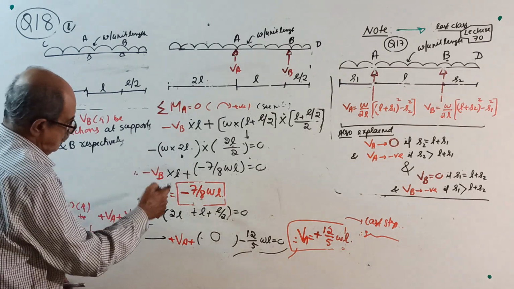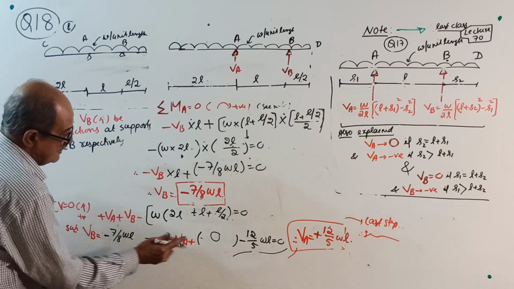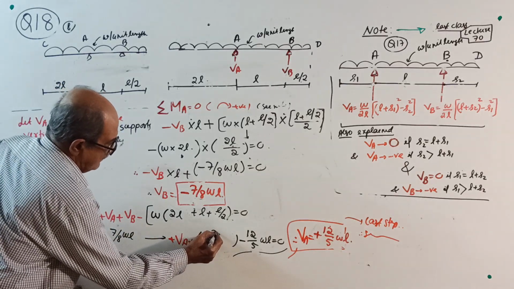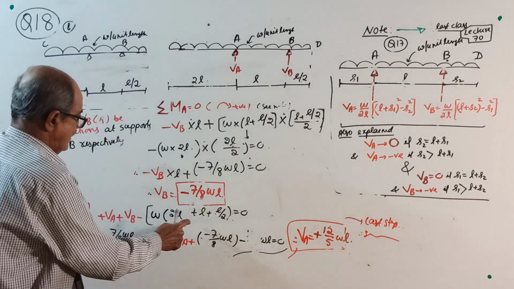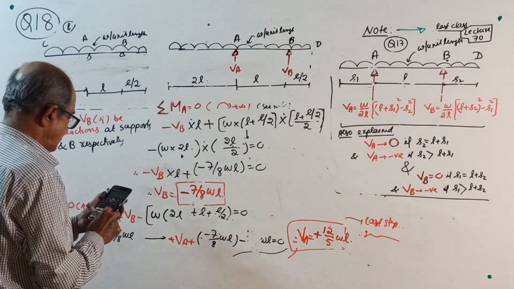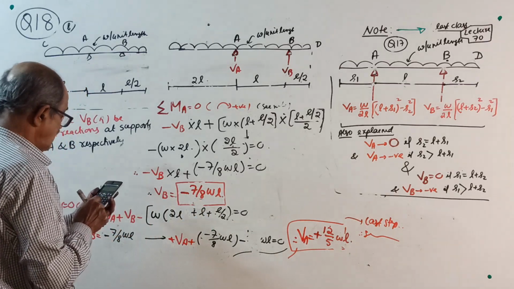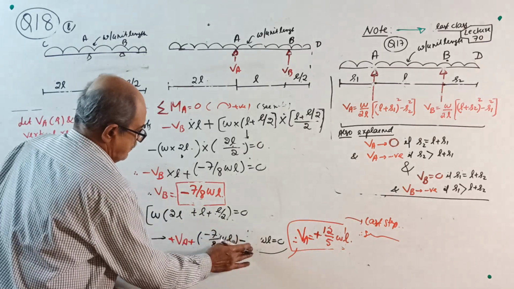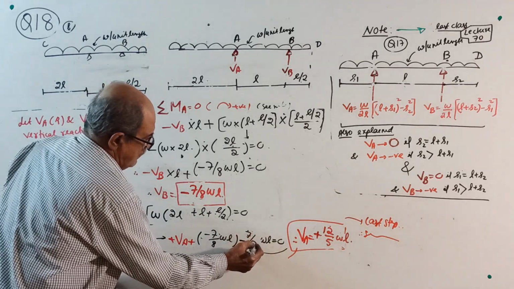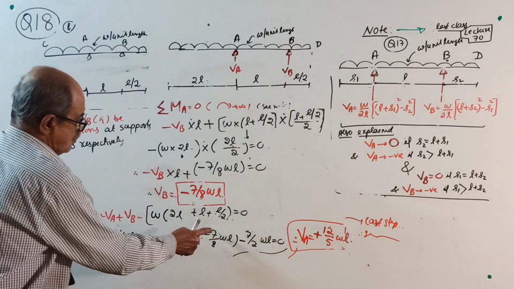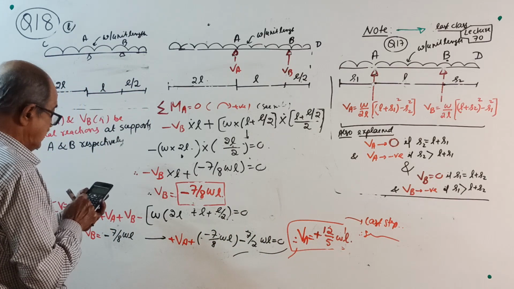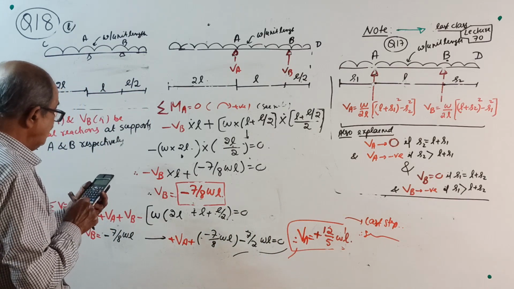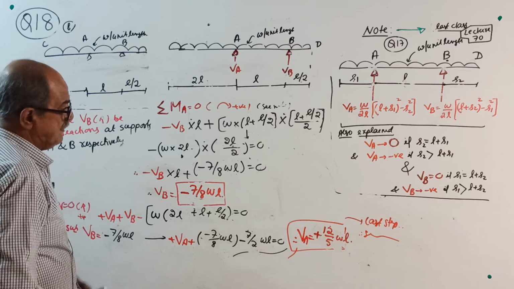You get VA plus, in VB, minus 7 by 8 WL, and this number is 2 plus 1 plus half, which is 7 by 2, minus 7 by 2 WL equal to 0. So minus 7 by 8 and again minus 7 by 2 is minus 35 by 8.